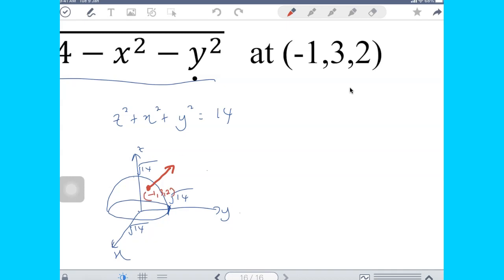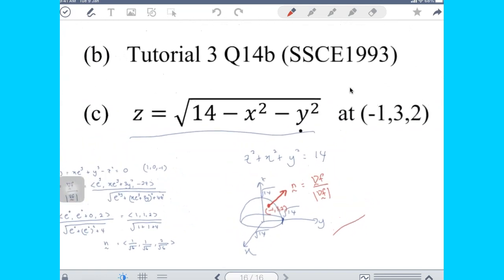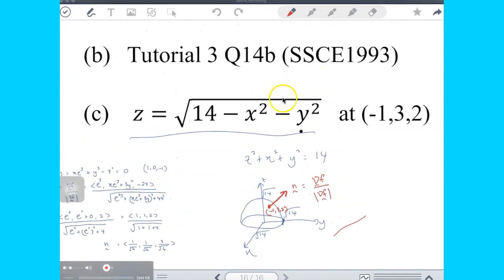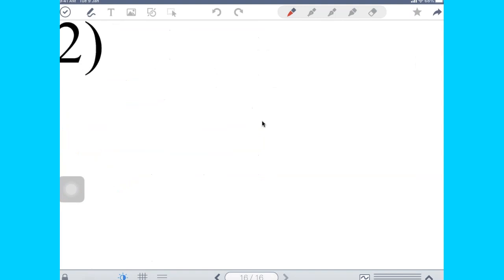Now you have to obtain this using gradient f over its magnitude. So using the function given, first you have to make it equal to 0, and then determine the fx, fy, and fz, evaluate at this point and divide by its magnitude. So that is what we want to compute now.